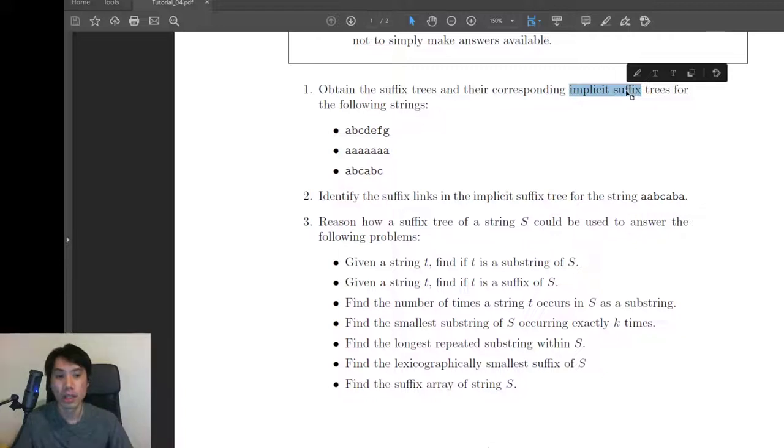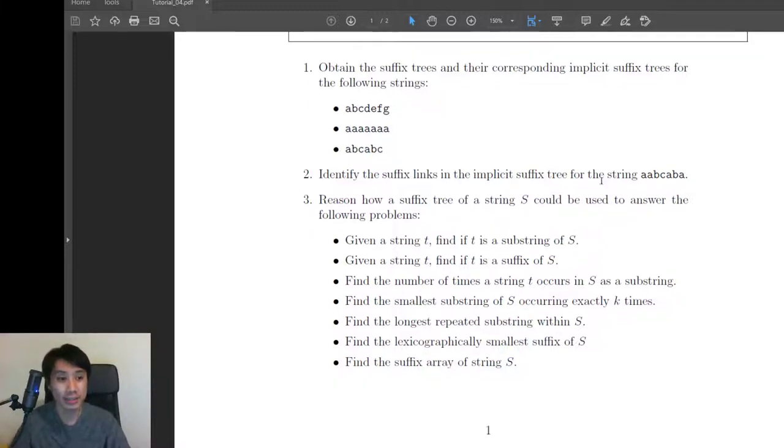So make sure you read your question very carefully for your exam. If we mention explicit, make sure you have your dollar sign. If we mention implicit, your terminal character is not required. So question 1 is very simple. When the answers are out, you can double check your answer on your own. It's so simple, I won't go through it.